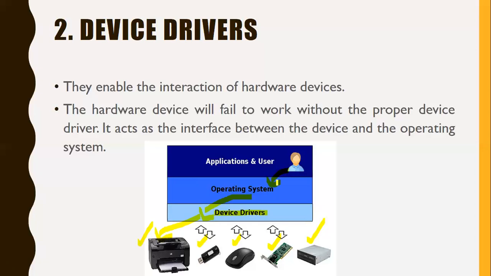This command will be delivered through the operating system. The operating system will check for the device driver. If the device is working correctly and the drivers are installed, then this USB will easily be accessed by the user. So basically, device drivers enable the interaction of the hardware devices with the user.